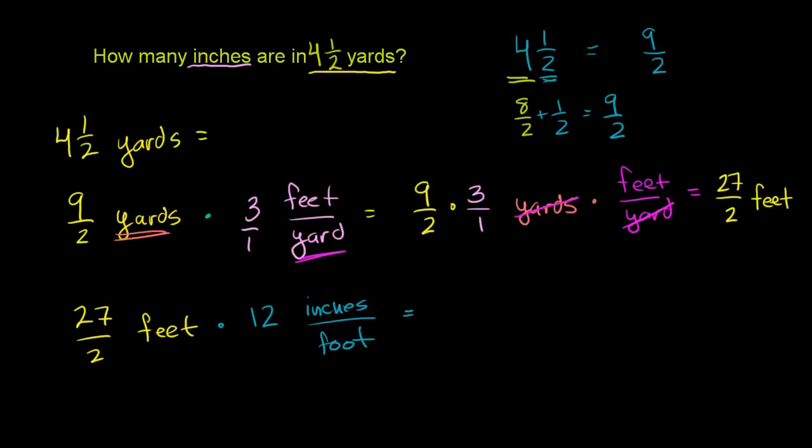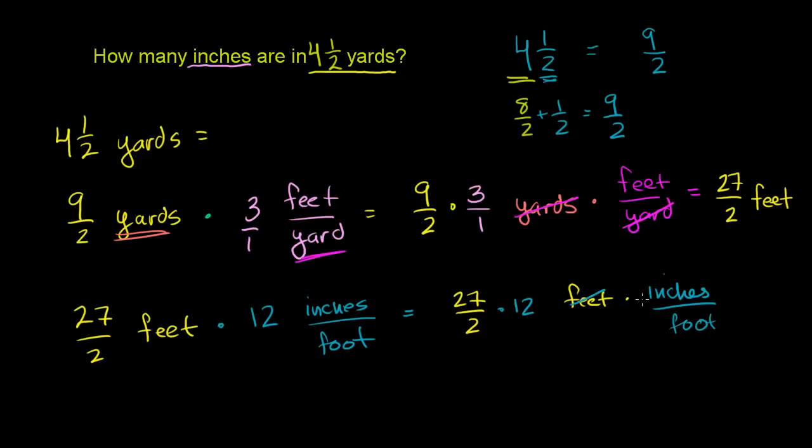So if we just rearrange the multiplication, view it as everything is getting multiplied. And when you just multiply a bunch of things, order doesn't matter. So this is equal to 27 over 2 feet times 12 inches divided by feet, or foot, just the singular of the same word.